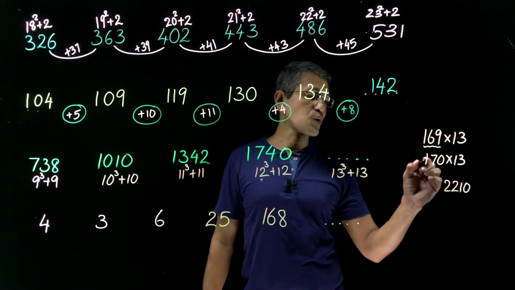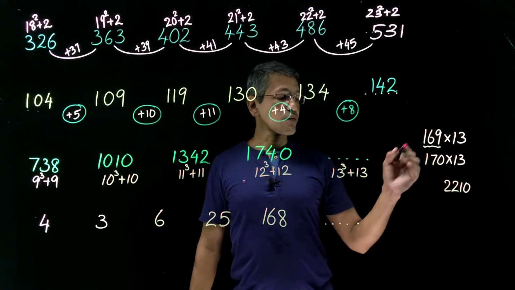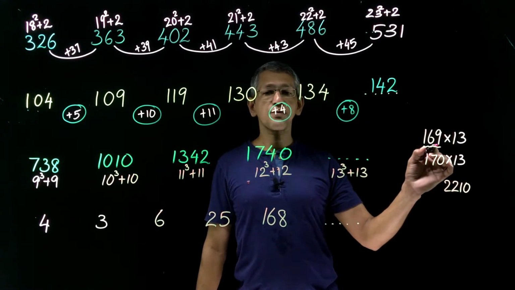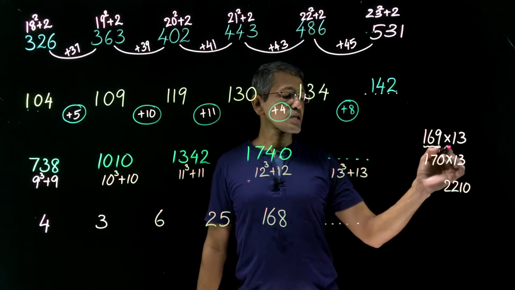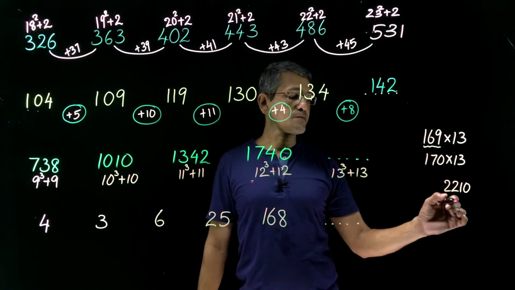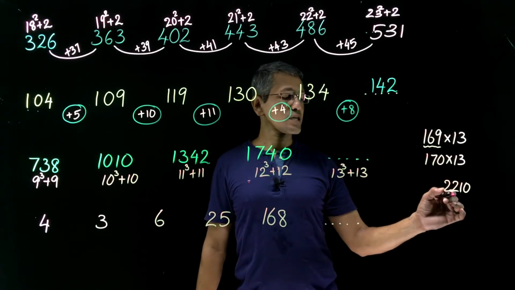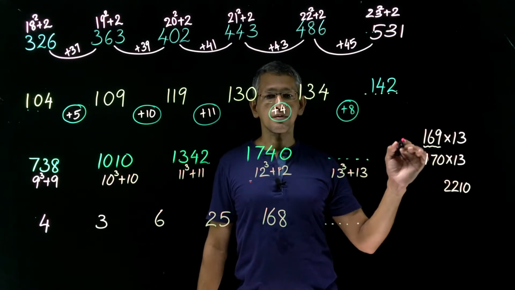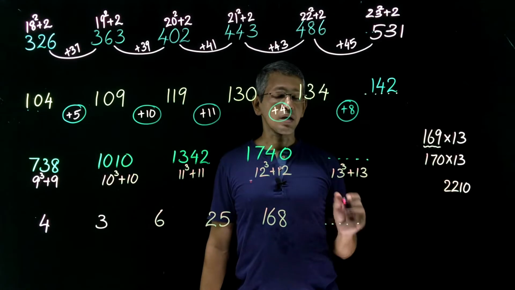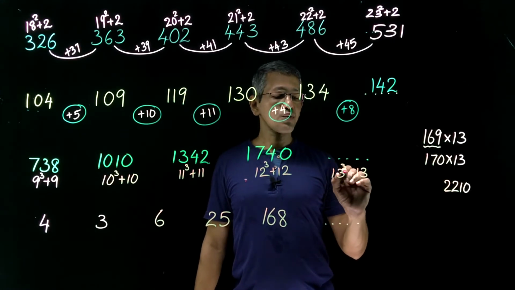However, it is 170 into 13. What we need is 169 into 13. So the difference between 170 and 169 is 1. So that 1 into 13 must be subtracted from 2210. So 2210 minus 13, 2210 minus 10 is 2200. Then subtract a 3 from that. So 2197. So 13 cube is 2197.